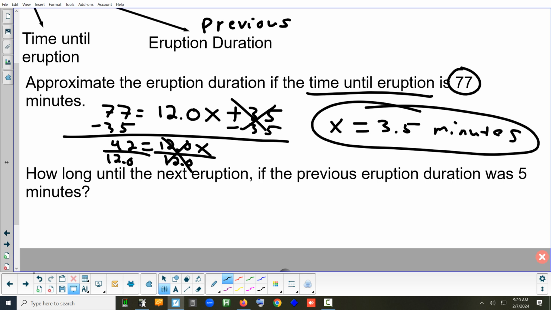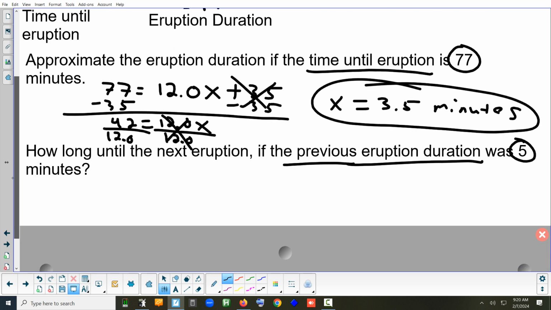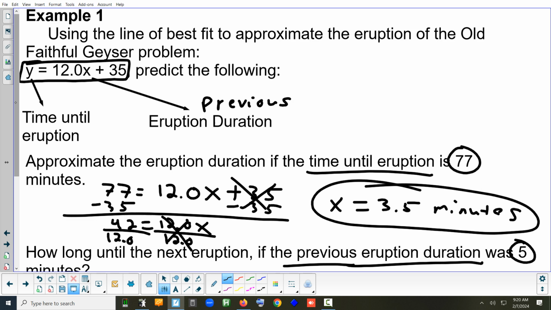It says the previous eruption duration was 5 minutes. We have to decide where that 5 is going to go. The 5 is the previous duration. What letter in the formula is the previous duration? X. That's the x. So now the 5 is my x. So let's fill it in.